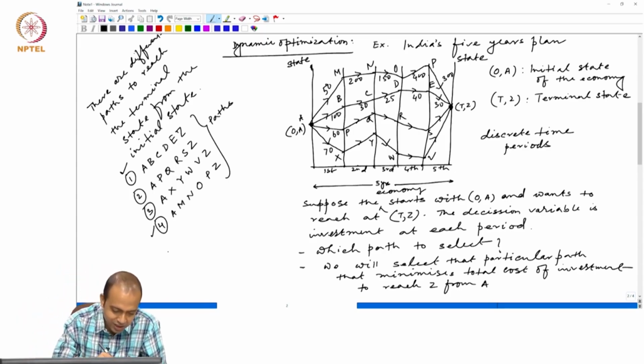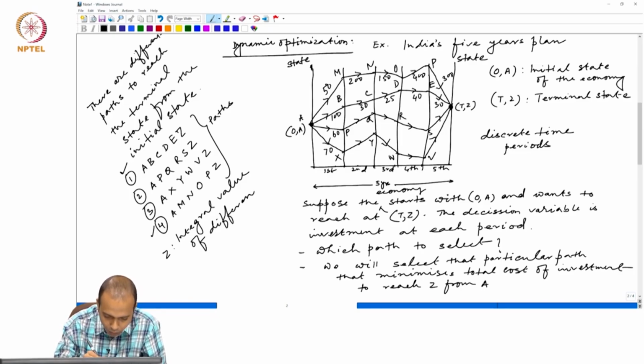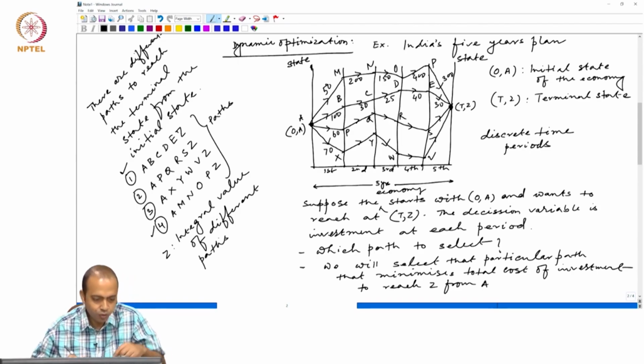So, we can say Z is basically the integral value of different paths. What are the paths?